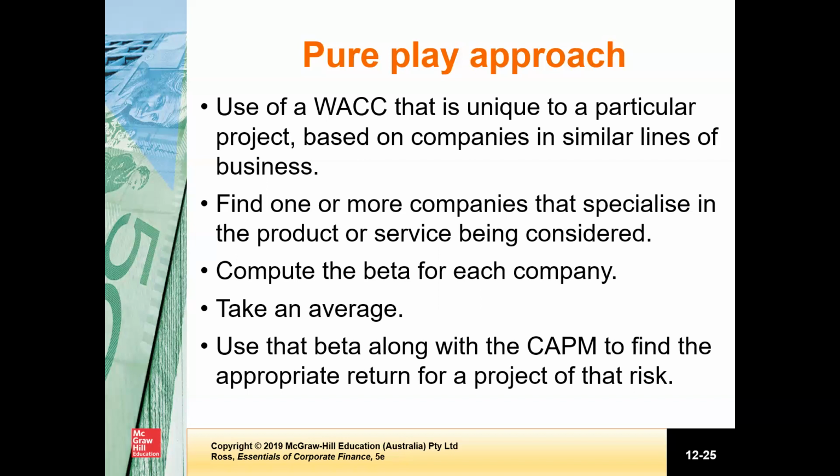So relatedly, let's talk about a pure play approach. We have seen that using the firm's weighted average cost of capital can lead to problems, right? How can we come up with an appropriate discount rate in such circumstances?